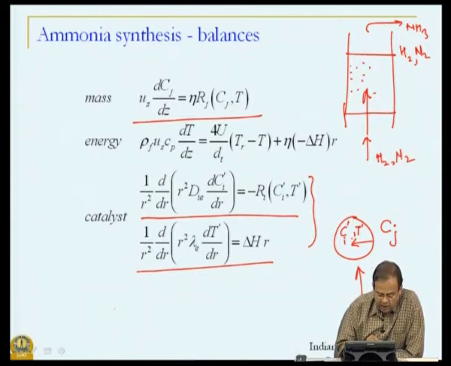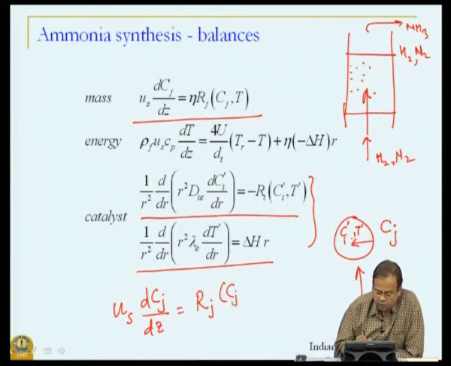So, what we have is, we had seen this earlier, let us say R of species j, where Rj is a function of concentration and temperature in the bulk. But now, I also know that my reaction is not taking place in the bulk.